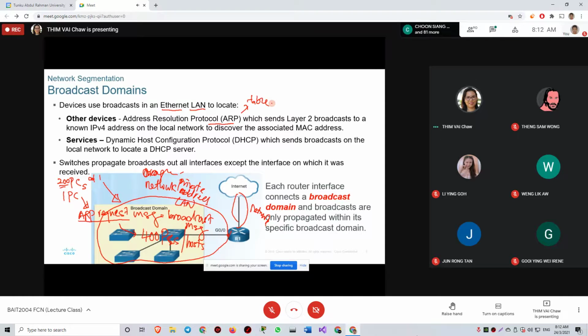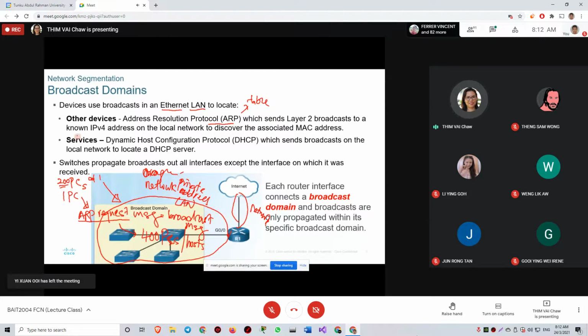Once your PC is turned on, the data kept inside the ARP table will be deleted already. So if 200 PCs are turned on at the same time and send out ARP requests, you will see a lot of broadcast messages across the entire network that need to be processed by the individual PCs or hosts.